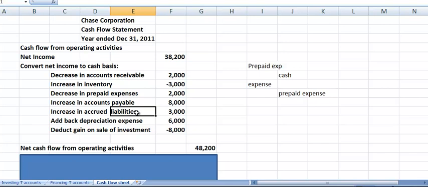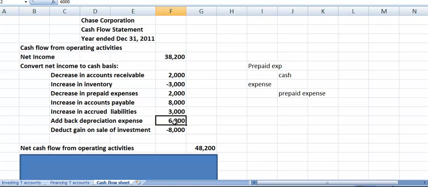Anytime we increase a liability, that means we book more expense than we pay down, right? So we want to only reflect what we pay down, right? Not what we expense. What we paid down was less. So we would want to increase our net income to reflect the lesser amount, which means we're going to increase it by $3,000.